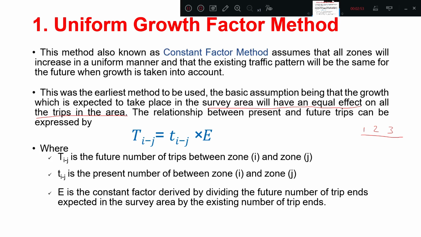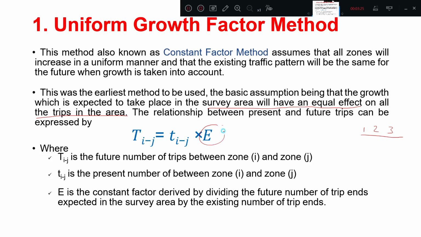So the relation between the present and the future trips is given. The future trips between I and J is given as the present number of trips between zones I and J into the constant factor, which is calculated from the present and the future number of trips. We will see how this constant is calculated when we solve the problem.